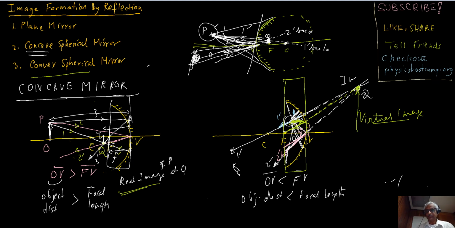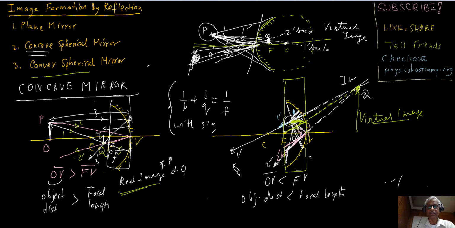Now this image, just like this other image, is obtained by virtual rays. So this is a virtual image. And using the geometry, the similar triangles that occur in this drawing, you can again show that all these three cases can be captured by 1 over P plus 1 over Q equals 1 over F, with sign convention.